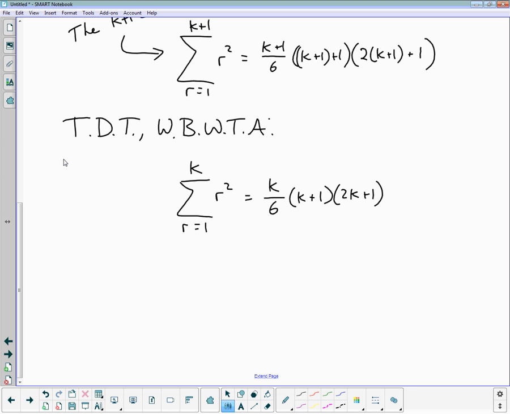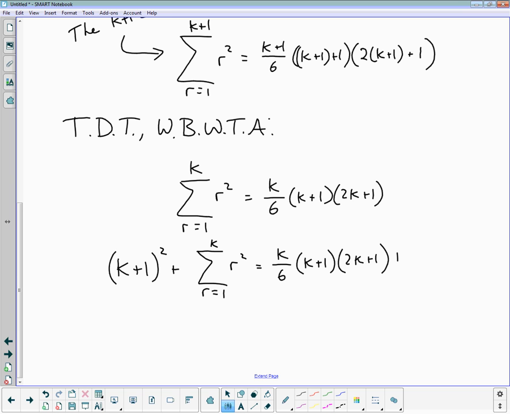Because remember, what is this but 1 squared, 2 squared, 3 squared, all the way up to k squared. So the next term would be k plus 1 squared. And remember, you're adding something to the left, so you don't want to forget to add something to the right.